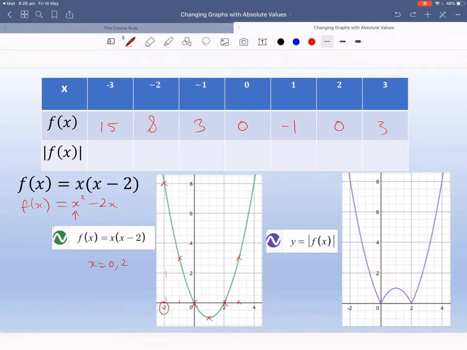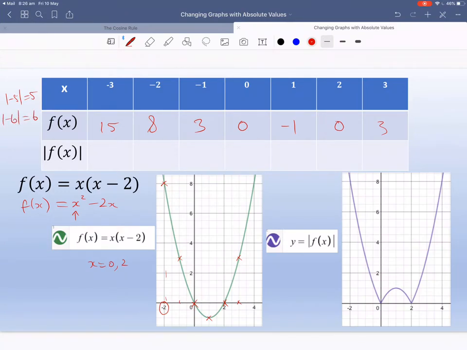Now, what will f of x with absolute values look like? Well, the truth is that what these absolute values do is that any positive or negative number turns out to be positive. So for example, the absolute value of minus 5 equals 5, minus 6 equals 6.